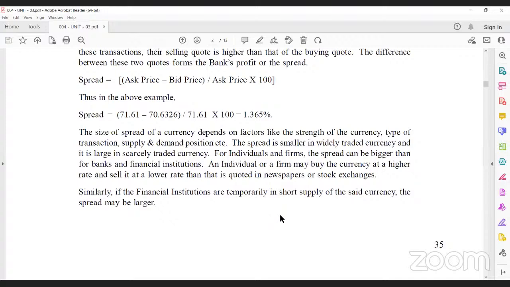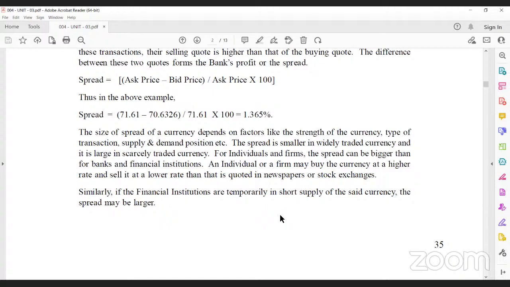Now, for individuals and firms, the spread can be bigger than for banks and financial institutions. Here, the individual or firm may buy the currency at a higher rate and sell it at a lower rate than quoted in newspapers or stock exchanges. If you observe the newspaper, you will now be in a position to understand the rates which are quoted.